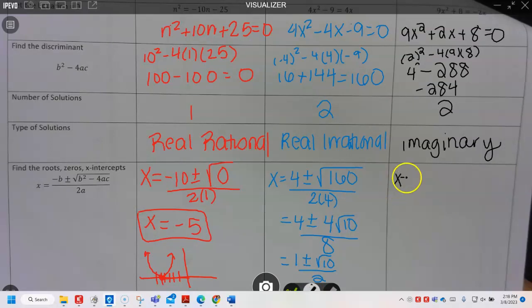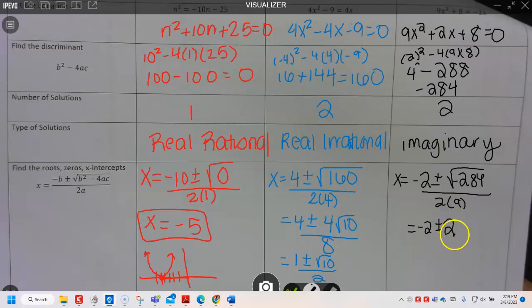So x equals negative b plus or minus the square root of negative 284 all over 2 times 9. Negative 284 kind of looks like I should divide by 4, and in fact it does. So you get the square root of 4, which is 2 square roots of 71, but you had a negative, so I'm going to put an i in my answer.